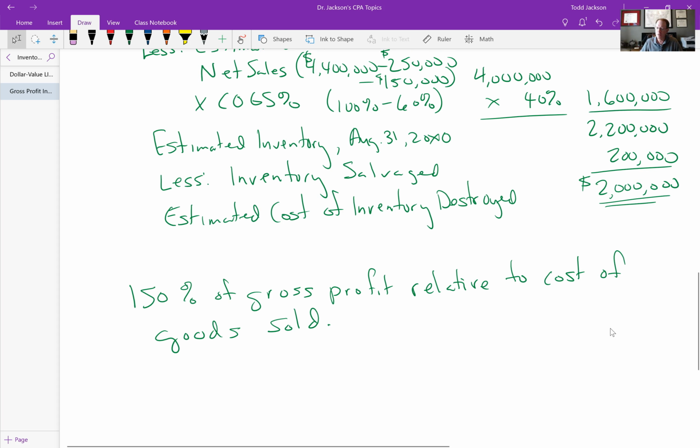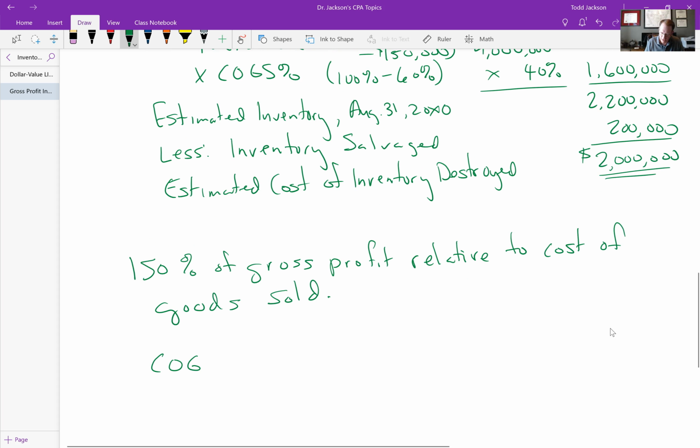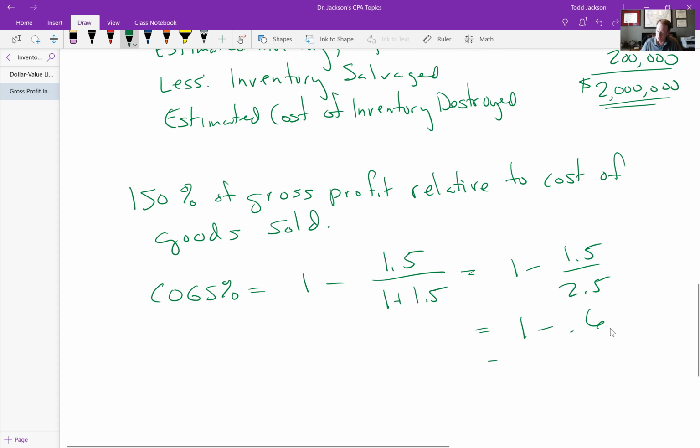Either way, you would again need to convert that to a cost of goods sold percentage by taking 1 minus, in this case, 150%, or 1.5 over 1 plus 1.5. That gives you 1 minus 1.5 over 2.5. That's equal to 1 minus 0.6, which is equal to 0.4 or 40%.